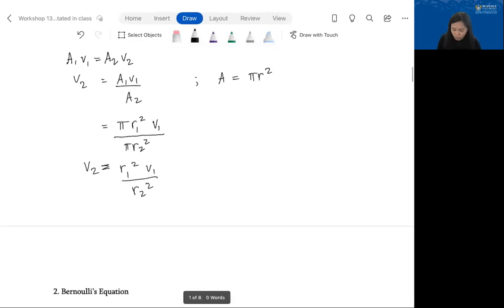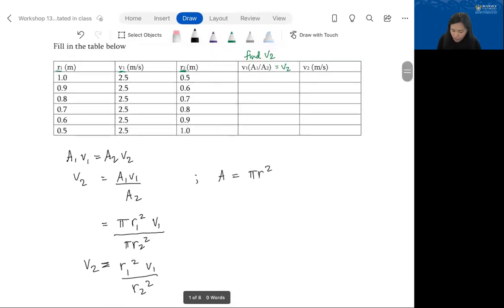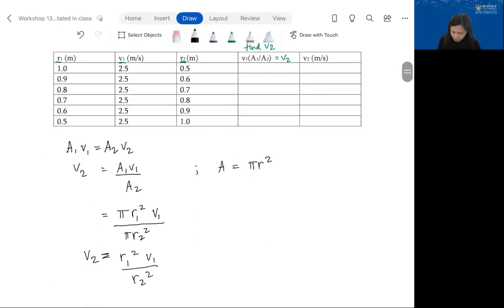So let's do the first one in the table. First one in the table, R1 is 1. So we're just really substituting numbers here. So you have 1 squared. Check the units. They're all in base units, so you're fine with just directly substituting.